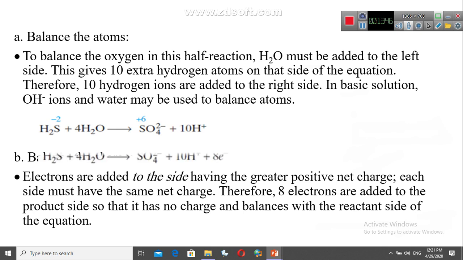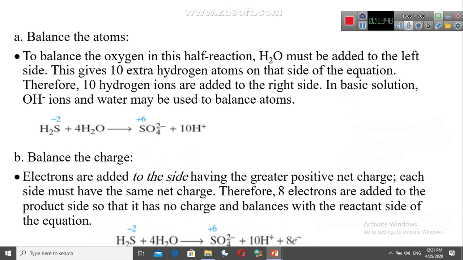Then we write the balanced equation as follows: H2S plus 4 H2O produces SO4 plus 10 hydrogen ion plus 8 electrons.